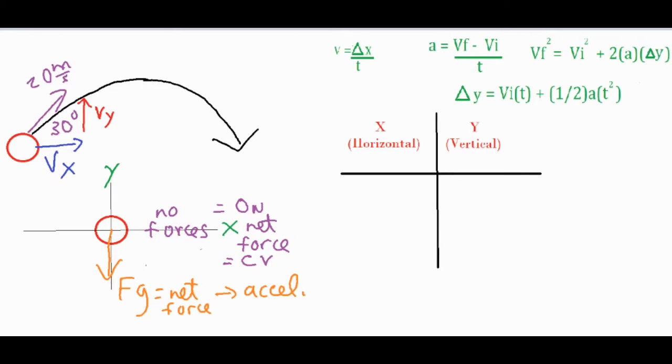Okay, so now let's go ahead and do an example problem so you can kind of see where we're going with this. Now, as the thing moves, it has some sort of Vx, and the Vx is the adjacent side of this 30-degree angle.